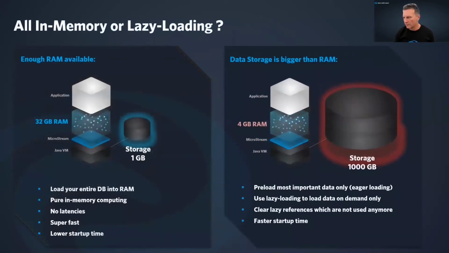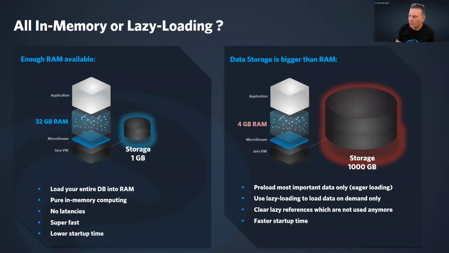If you have enough memory, of course you can load all the data into memory, and then it will be super fast. It's pure Java, pure in-memory, no latencies. But if you create microservices that should have a fast startup time, perhaps this is not the way to go. So it depends on the use case. If this is a monolithic application, you start it and run it for 2 years without any downtime, then you can load everything into memory.